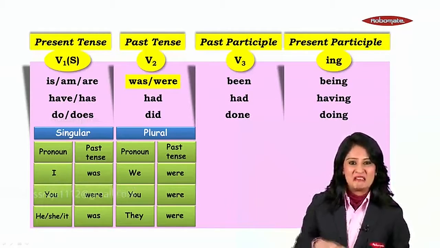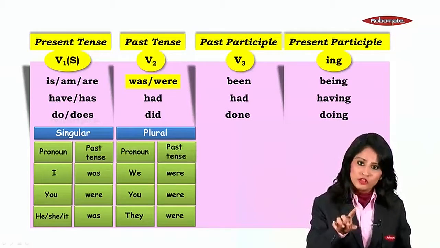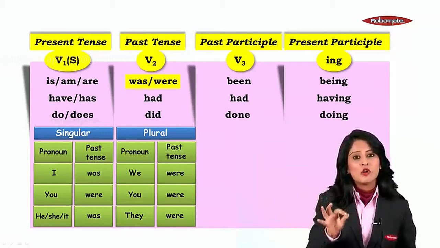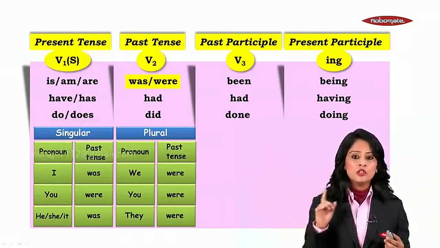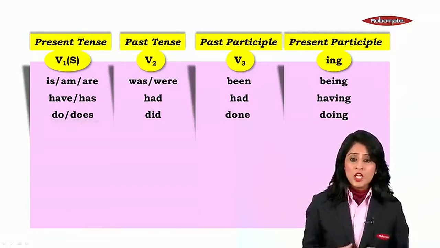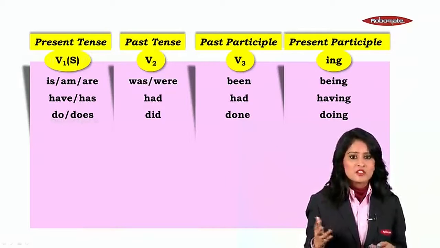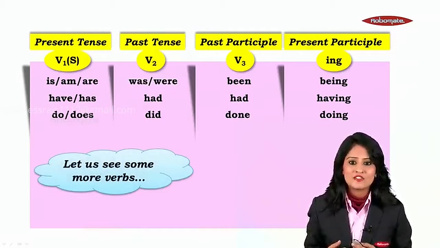Oh, it's very bad English. We will not say that. So I was, you were, he was, she was, it was. Again going back, we were, you were, they were. So in short, we have 2 forms here. But with had and did, you just have I had, you had, he had, she had, etc.